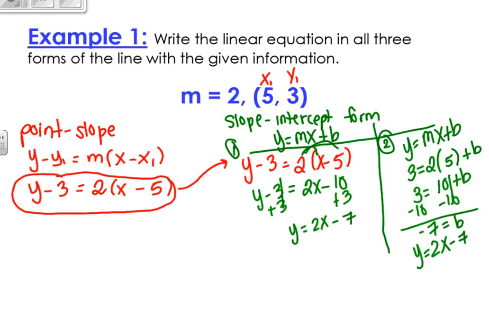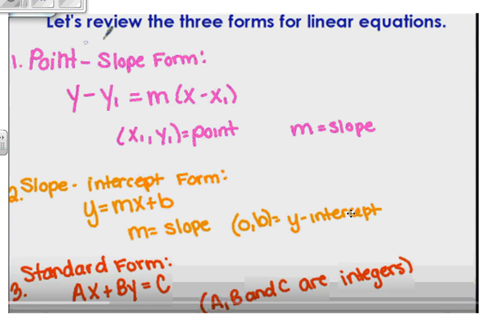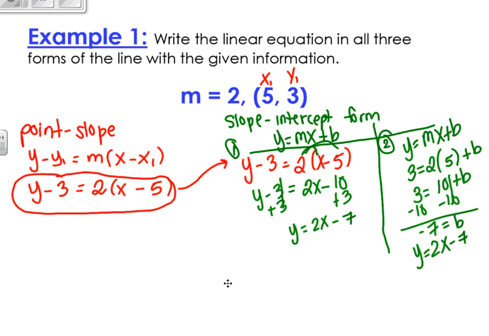The last method, standard form, if you remember and look back here, standard form you can't have any fractions. A, B, and C are integers. So when you rewrite it, you need to have the x and the y on the same side. It needs to look like this. And in this case, I don't have any fractions, so I don't have to worry about that.